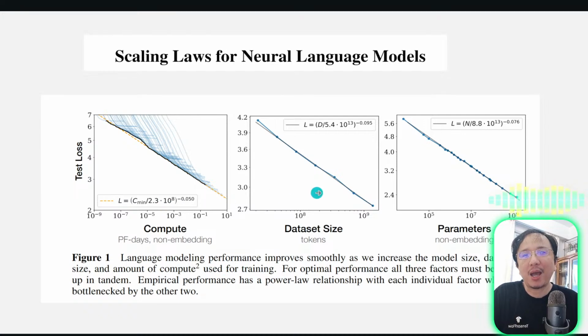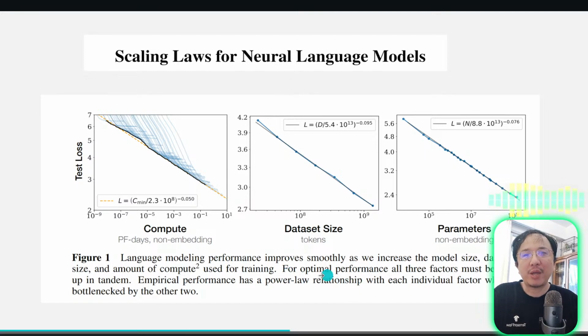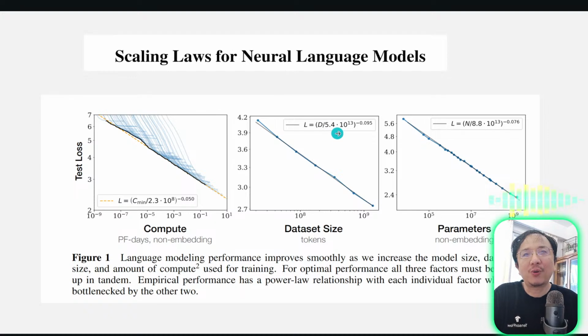All three have to be increased in relation to each other, by some simple rules, like a power law relationship, like 5.4 times 10 to the 13.